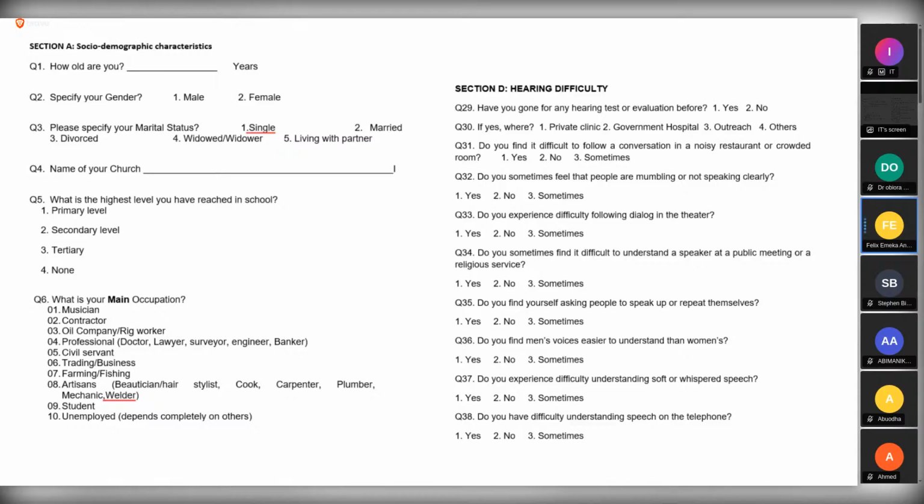So what I tell my students is, because sometimes some students will hurriedly design questionnaires, take those questionnaires to the field, collect the data, come back, and now realize that the questionnaire tool did not address all of the study objectives.